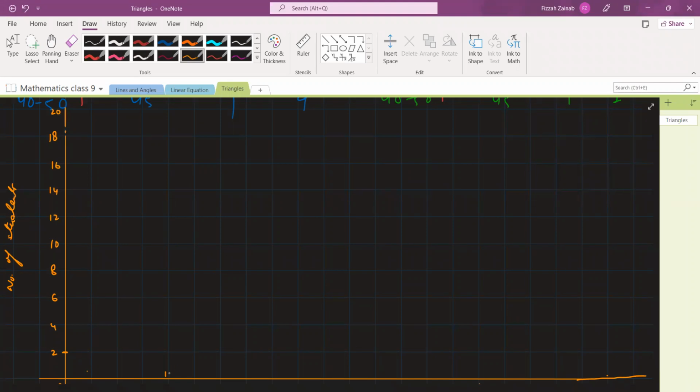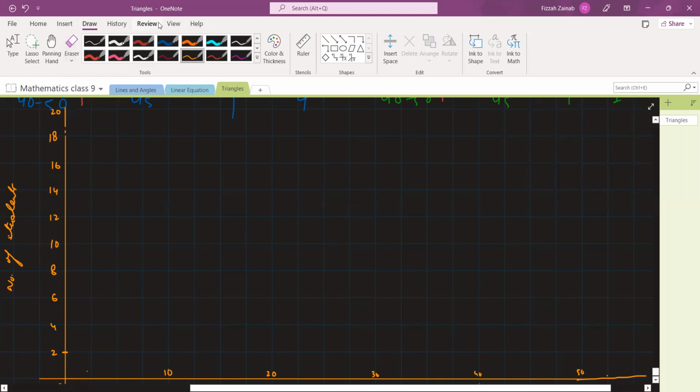I'm just writing here because it's not visible. So 10, this is 20, 30, 40, and 50. If you want, you can take an interval of 2 also. Is that clear? You can take your 10 here, then you can take your 20 here. That way also you can take. There is no issue. It's all your wish, right?